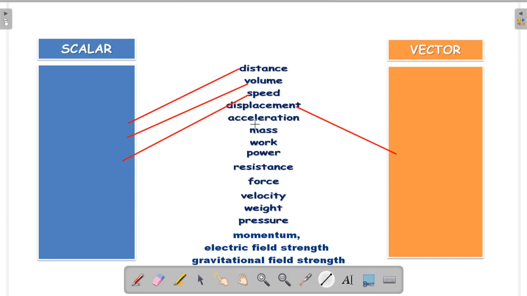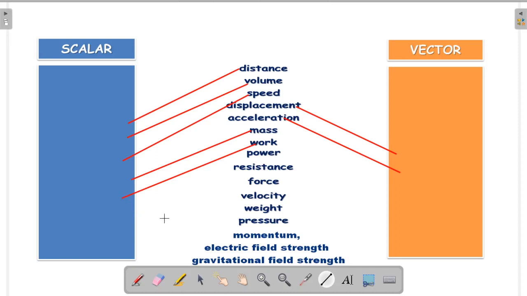And there is another example, acceleration. The rate of change of velocity is called acceleration. Velocity is a vector quantity. For this reason, acceleration is a vector quantity. Mass only indicates the amount of particles. For this, mass is a scalar quantity.